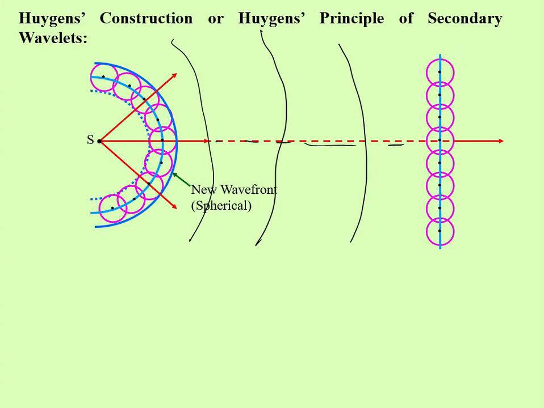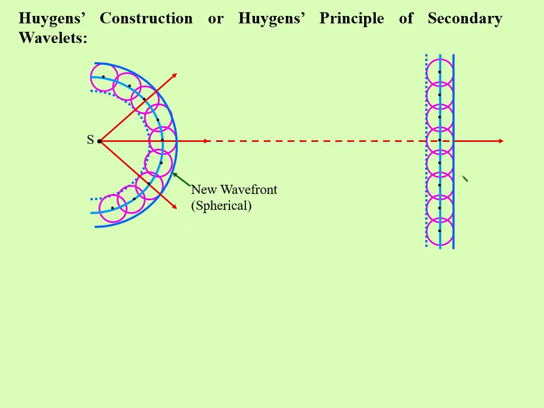If we draw a tangent in the forward direction, we should get the new wavefront. Okay, this is a parallel wavefront. So these are spherical. As they spread in free space, their curvature decreases. Initially their curvature is greater, and as they spread in free space, their curvature decreases, and eventually they become parallel wavefronts. Okay, so this is how they travel in free space.